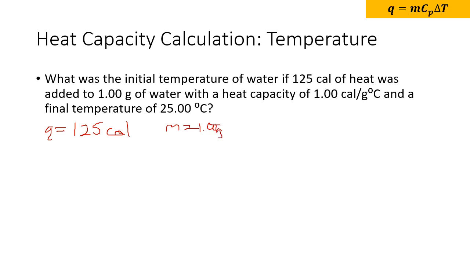And we've got a C equal to 1 calorie per gram degree Celsius. Okay, and finally we have our delta T. So what is delta T? It's our final temperature minus our initial.